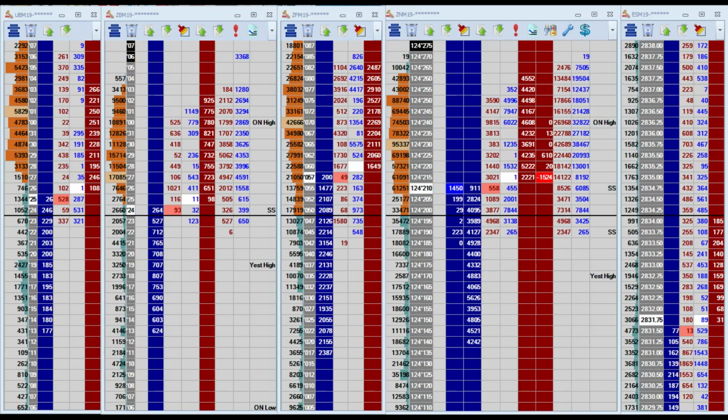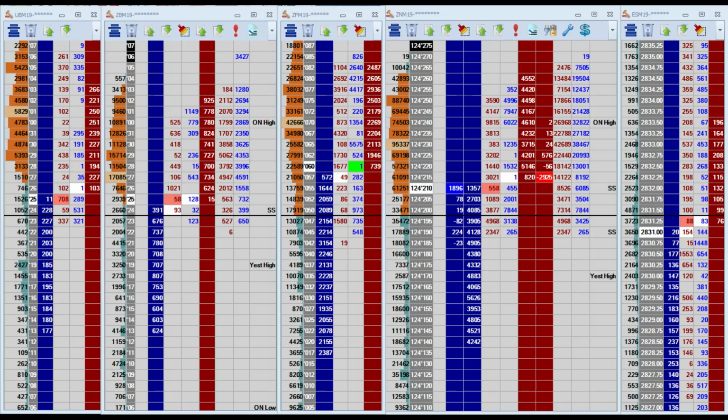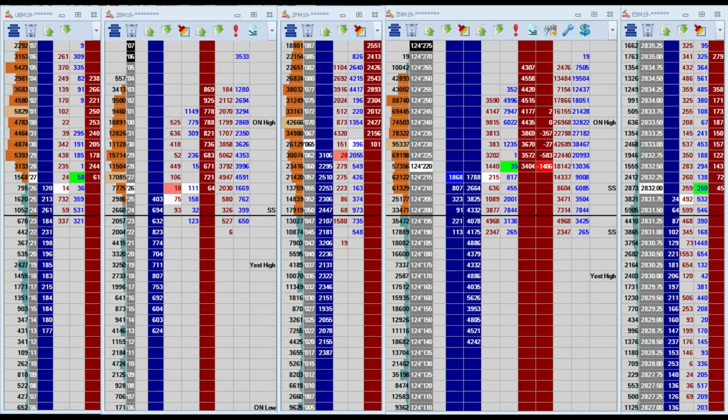You get the spike up or down, whatever the case may be, and then typically price will trade right back to that area. So I was kind of anticipating that to happen. But who knows these days?